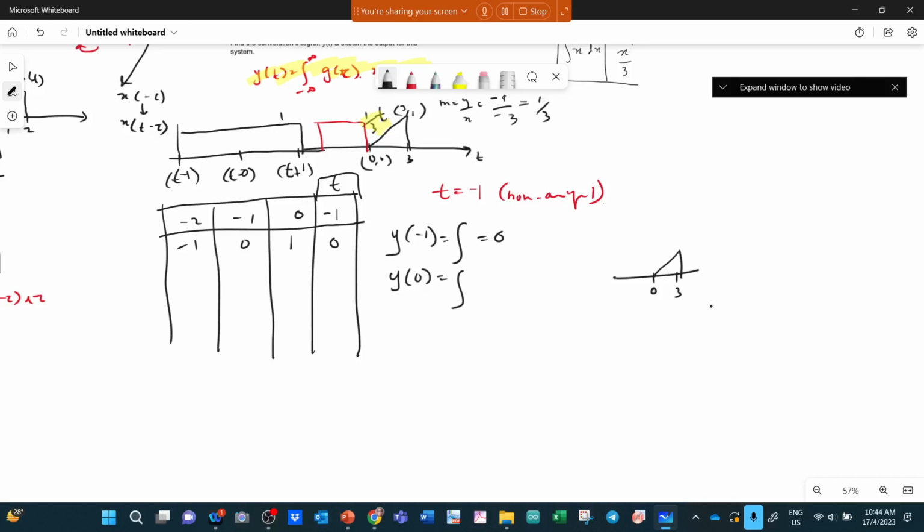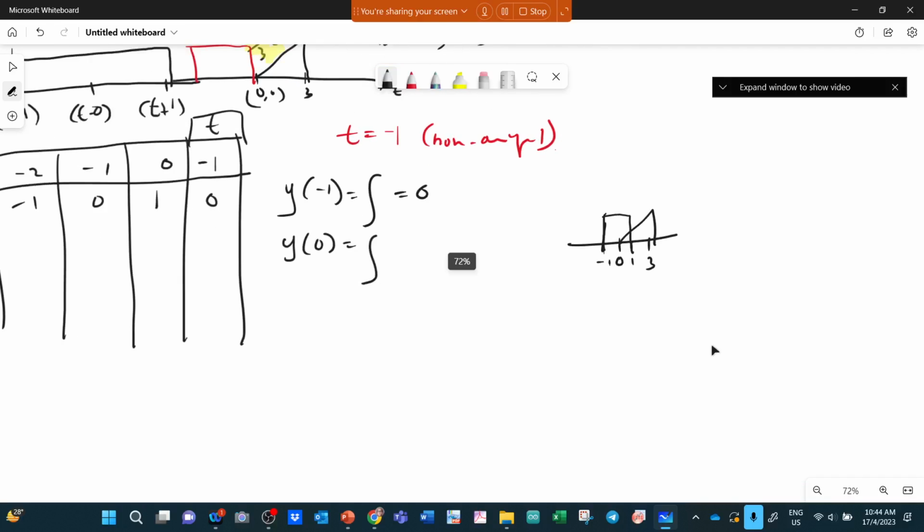So this is 0 to 3. So you have the plotting 1, 0, minus 1. So 1 is here, 0, minus 1. Macam ni lebih kurang, dia punya plot. So the overlapping area is kecil ni je. Because for integration we want to find the area of overlapping.